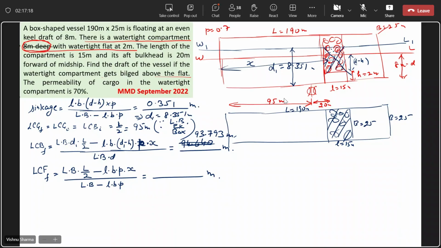If you have not understood, 93.391. So you can see the difference now between LCB and LCF, 93.391 meters. Please validate if it is correct. If there's any correction, we'll correct it.